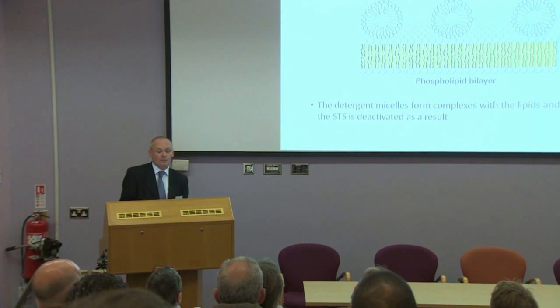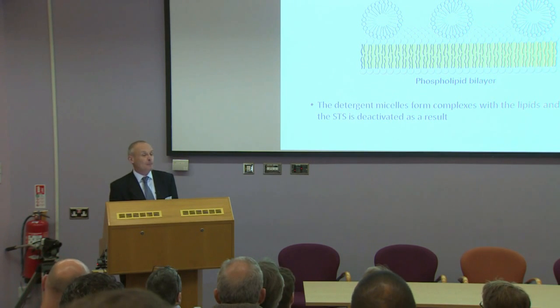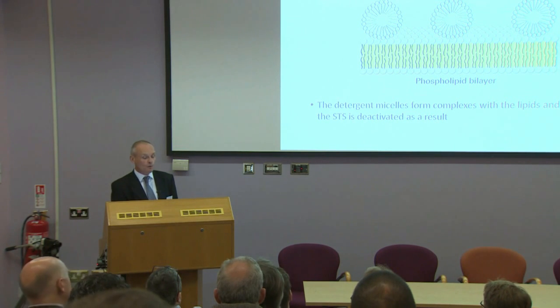As a result, the micelles form complexes with the lipids and proteins. So as it binds with blood proteins, cell proteins, the wall proteins, the drug product becomes deactivated, as Philip mentioned earlier. So in conclusion, the STS only acts locally by disrupting the cell wall.